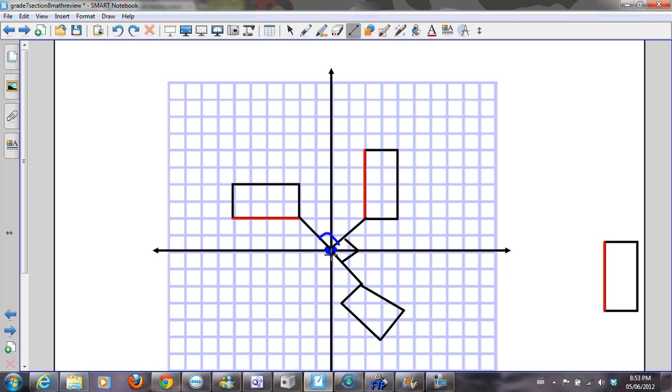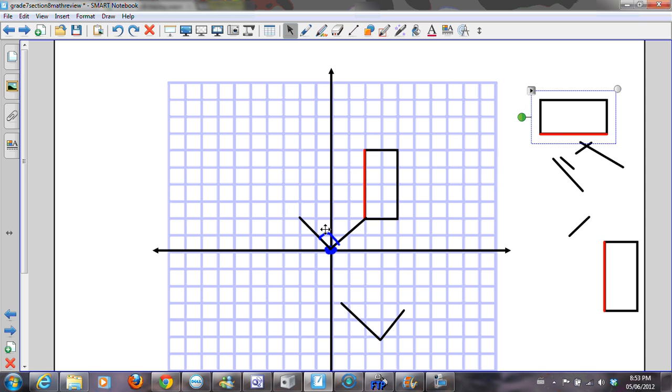If you were doing 180, and I'll move some of these out of the way just to make it not so confusing down here. If I was doing a 180 degree rotation, I would do, there we go. Alright, 180 degrees, of course, I follow the line I made, will end up going all the way this way like that. In other words, a straight line you'll end up looking at.